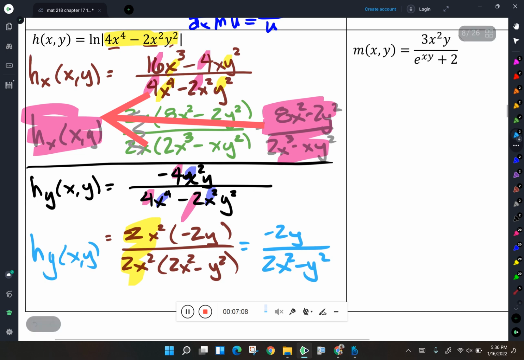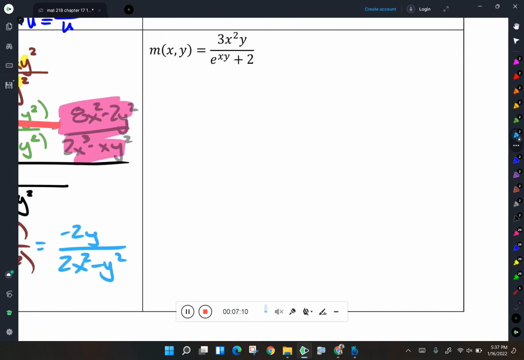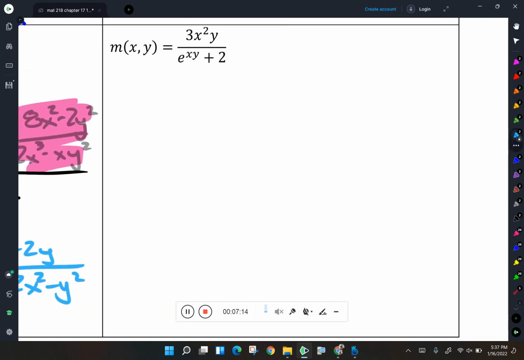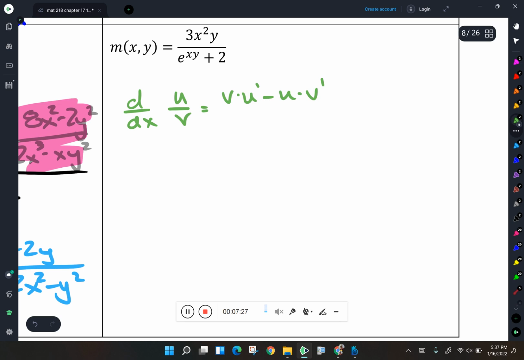Okay, moving right along. Uh-oh, this one looks like it's going to get ugly because I've got a quotient. So that means I'm going to need the quotient rule. So let's see, the derivative with respect to x of u divided by v was v times u prime minus u times v prime over v squared.